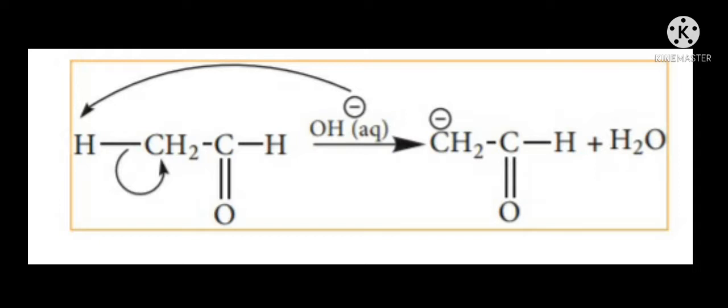This is due to heterolytic cleavage. In our last example, we discussed the formation of carbocation. In this example, we discuss the formation of carbanion. The formation of carbocation and carbanion is due to heterolytic cleavage.